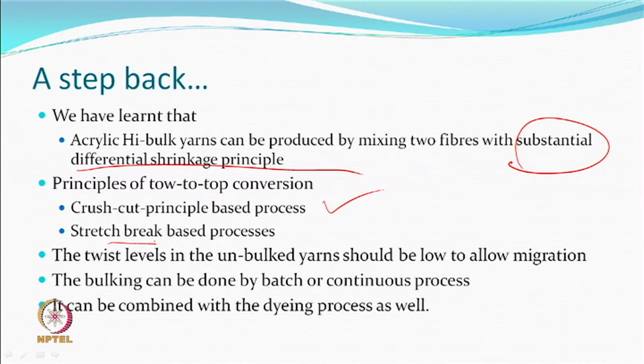The bulking can be done by a batch or a continuous process separately, by steaming or any other dry heat that you may like to use, but it is possible to combine the process of bulking with dyeing, such as simultaneous dyeing and bulking can be done.